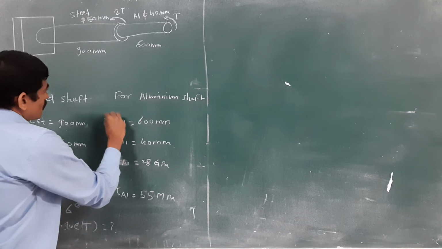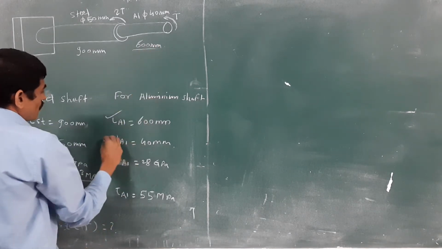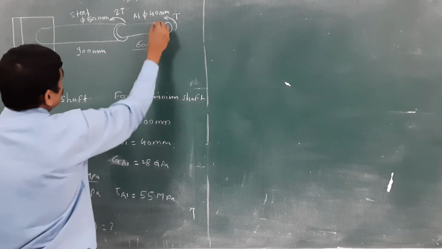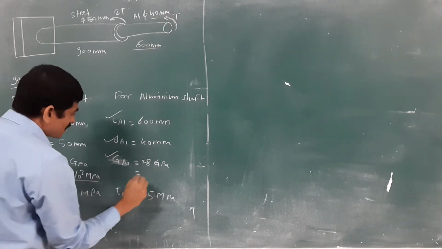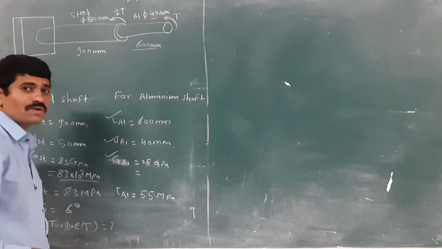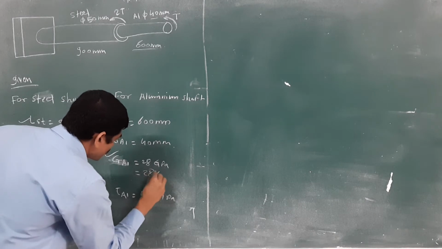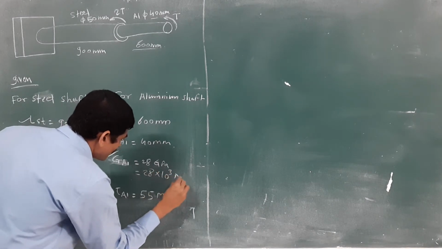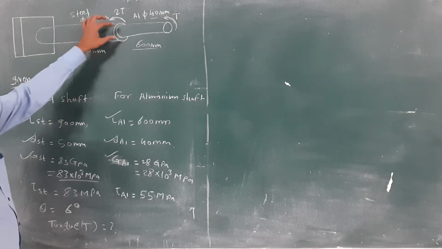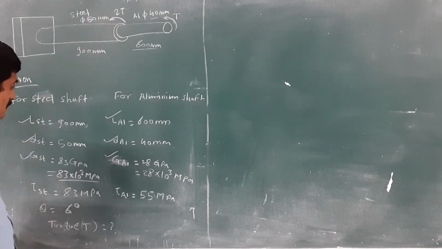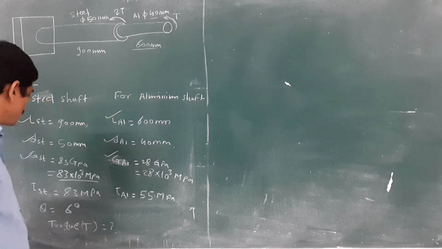Then see for the aluminium shaft, again the length is given as 600 mm, the diameter is 40 mm and G aluminium is given as 28 GPa. We want to convert it into MPa. Then how to convert? 28 into 10 raised to 3 MPa. And the shear stress induced in the aluminium shaft is given as 55 MPa.